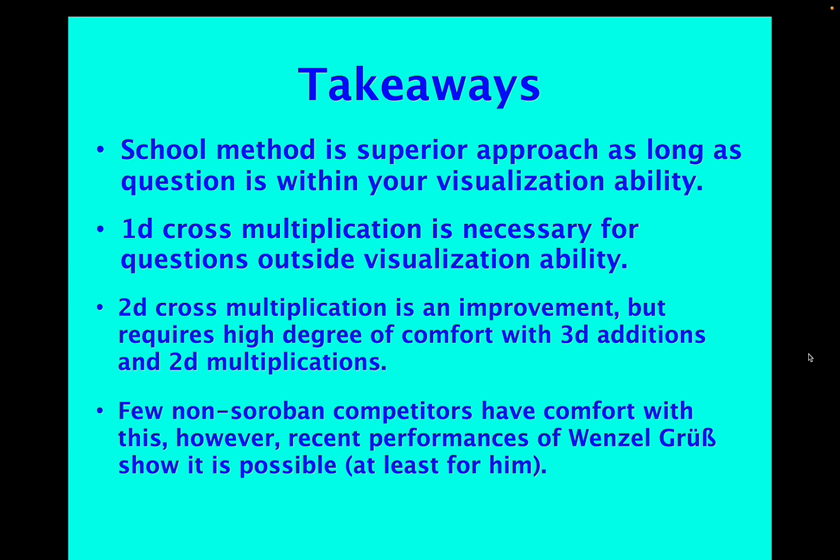However, there is some basis for optimism and hope. We can see from the performances of Wenzel Gruis that using multi-digit cross multiplication effectively does appear to be possible. Now, Wenzel does not appear to have any hesitancy or delay in solving 2 by 2 multiplications. Whether you call that having memorized them or he just knows them, he does appear to know them.